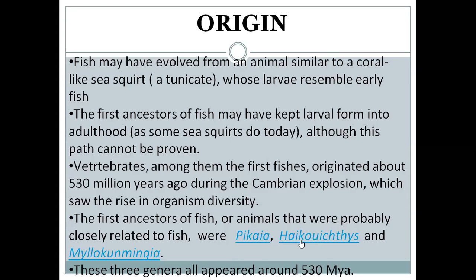These three organisms are thought to be the ancestors of the first fish. All these three genera are now extinct. They appeared around 530 million years ago. So from these three organisms, these are the ancestors of the vertebrates.